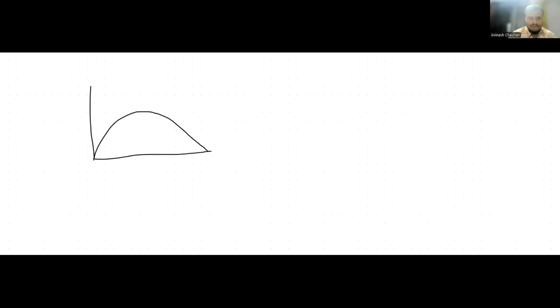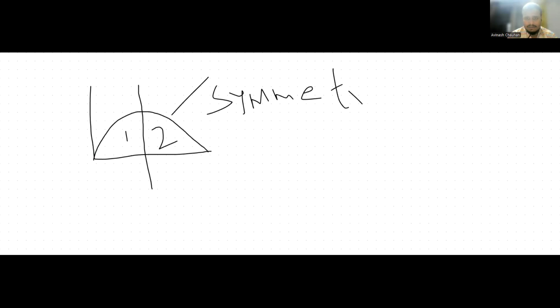If I cut it into two halves, you can see the first half and the second half are symmetrical in nature.